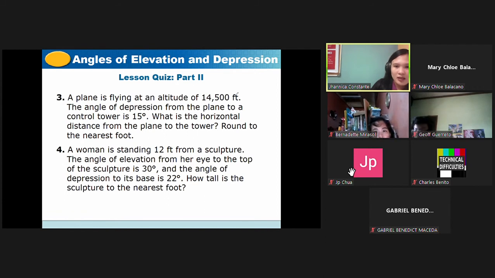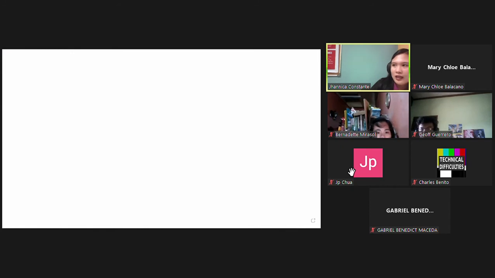Let's state that a woman is looking at a sculpture. A woman who is standing is looking at the sculpture with the angle of elevation that has a degree of 30 degrees.